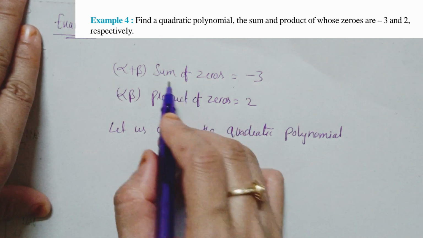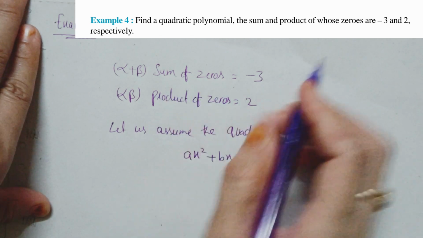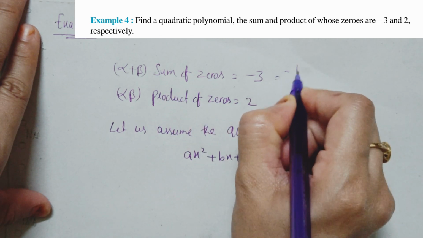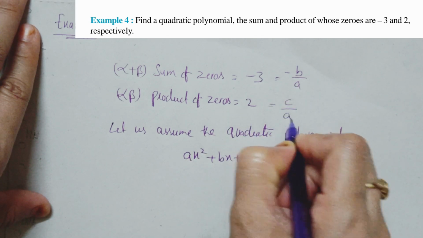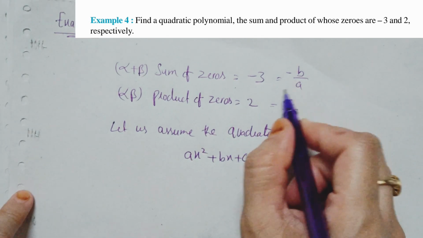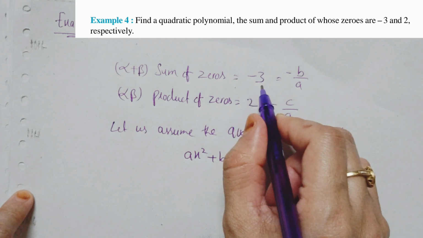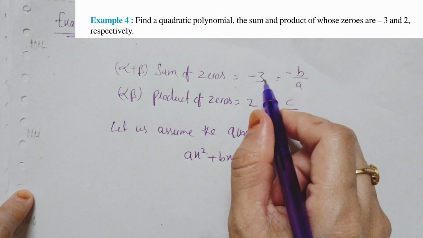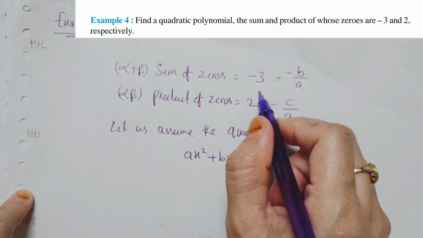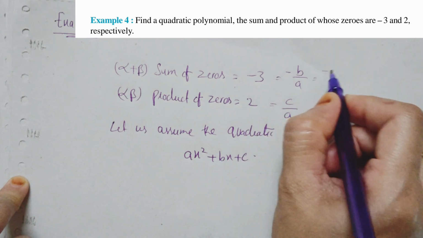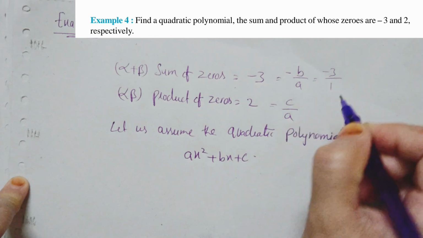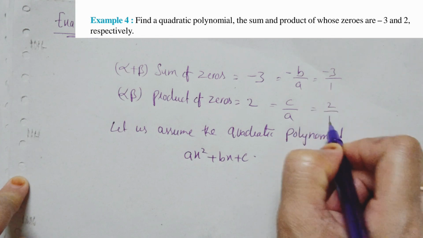Okay, so what is the formula for sum of zeros? Sum of zeros is nothing but minus b by a, and product of zeros is c by a. Here, if you see this clearly, we don't have the denominator. So if we don't have the denominator, we can write it as -3 by 1, and 2 by 1.